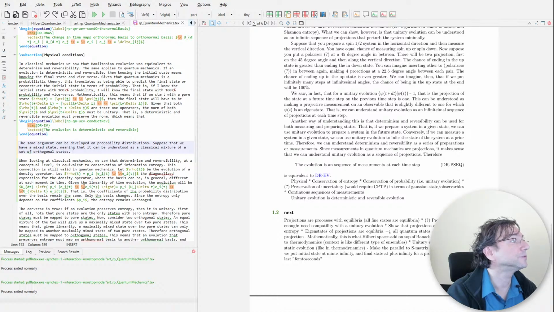This is going to reuse the same argument. So suppose that we have a mixture, meaning that it can be understood as a mixture of states.